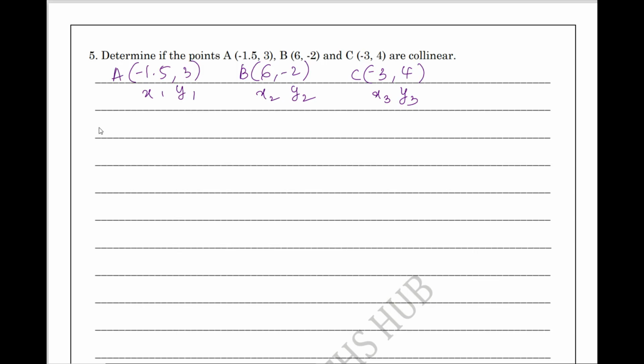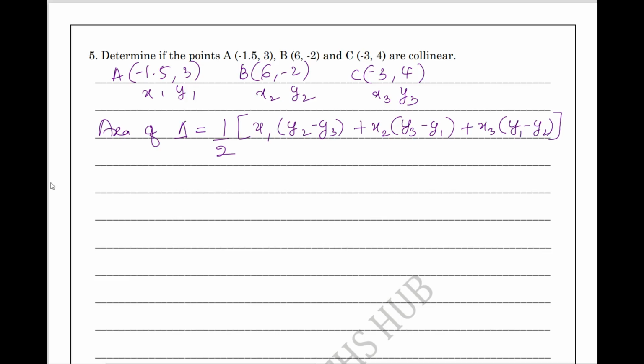Now I'll find out the area of triangle. The area of triangle is given by the formula half into x1 (y2 minus y3) plus x2 (y3 minus y1) plus x3 into what? (y1 minus y2).